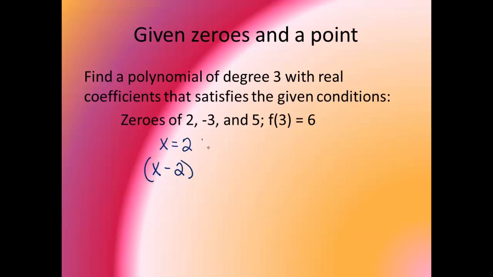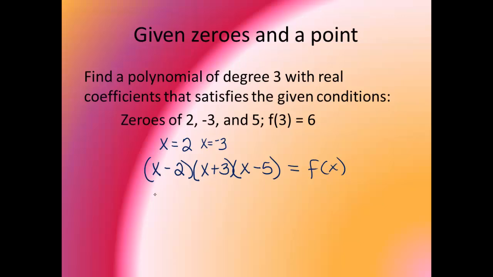In a similar fashion, from the x equals -3, I get a factor of x plus 3, and then the 5 gets me a factor of x minus 5. Okay, so here is the beginning part of our polynomial.